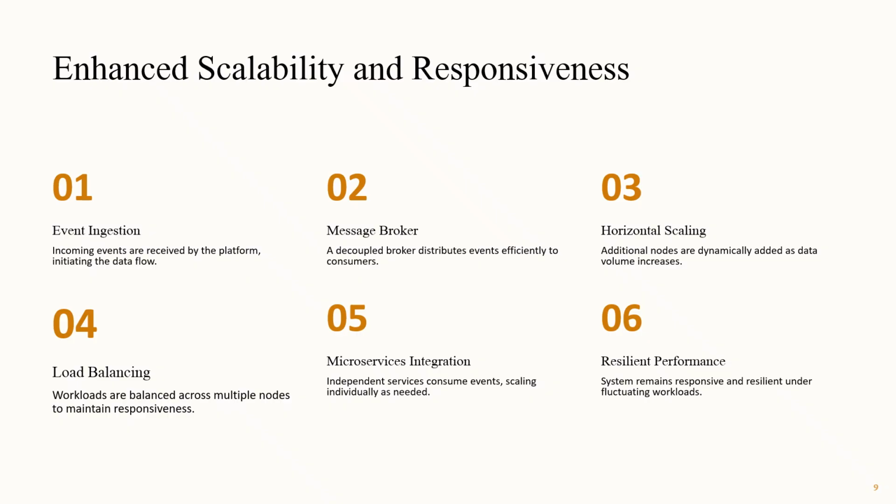So, event streaming platforms inherently support horizontal scaling to accommodate growing data volumes without compromising the performance. Their decoupled architectures using the message brokers enable responsive systems that remain resilient under variable workloads, essential for cloud native and microservices environments.